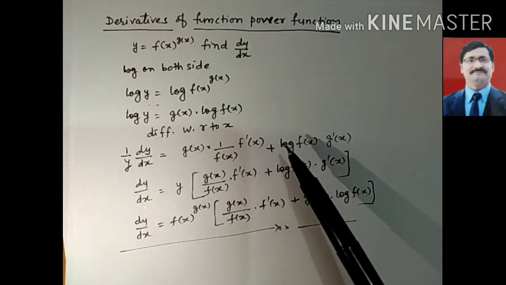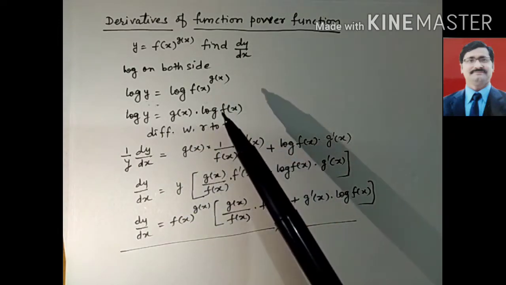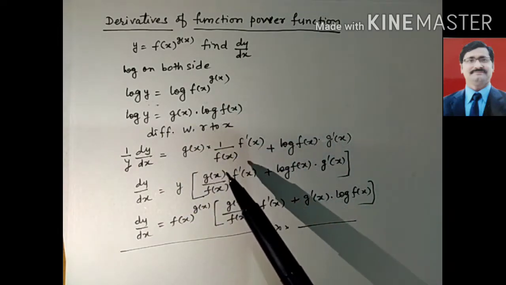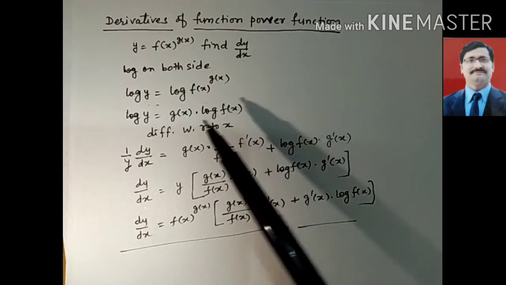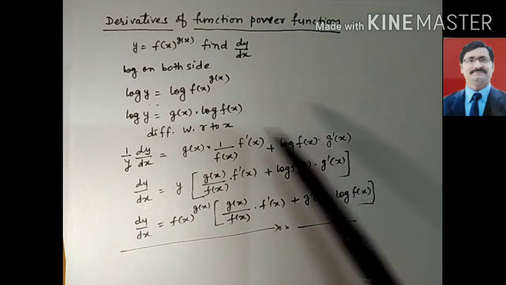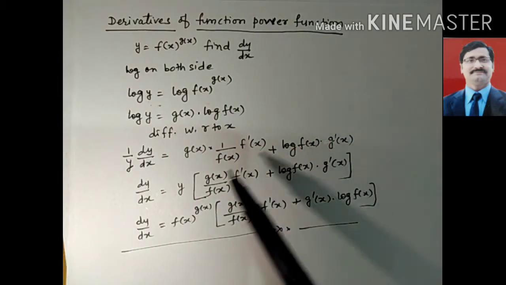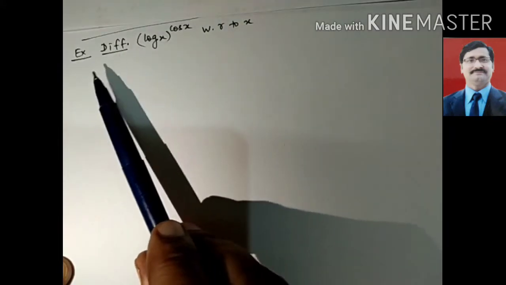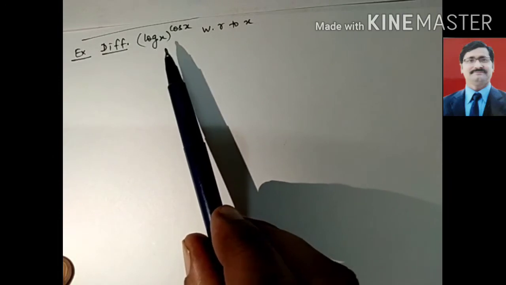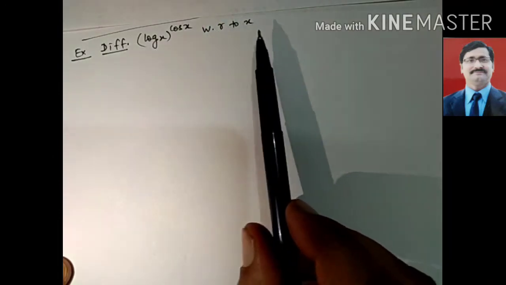Here you will use the multiplication rule: g(x) as it is, and log f(x) means 1 upon f(x), f(x) differential is f dash x, plus log f(x) as it is, and differential of g(x) is g dash x. Now you write in a proper order, and the value of y you will put.